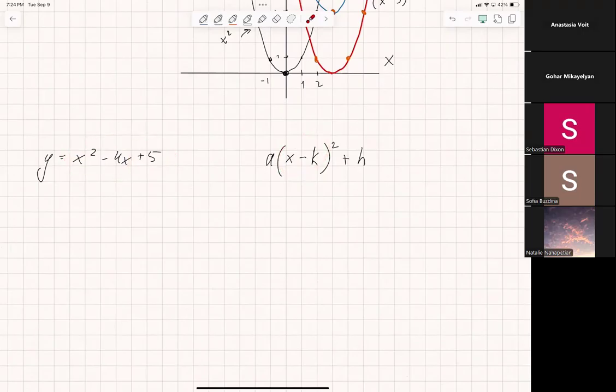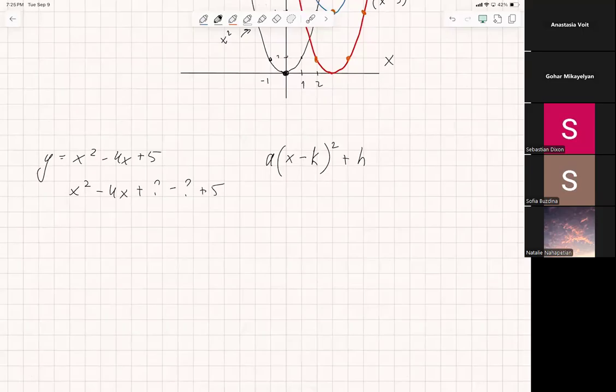We cannot write it as x plus or minus something, squared. So we need to bring it to that form. How we can write it is x squared minus 4x plus something, then minus that something, to keep the balance, we need to add and subtract, and then plus 5.